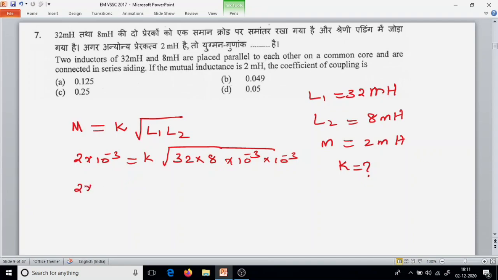So 2 into 10 to the power minus 3 equals K multiplied by 10 to the power minus 3 into the square root of 32 into 8.